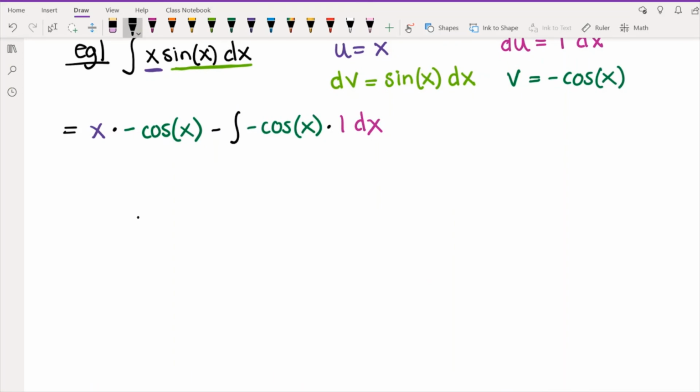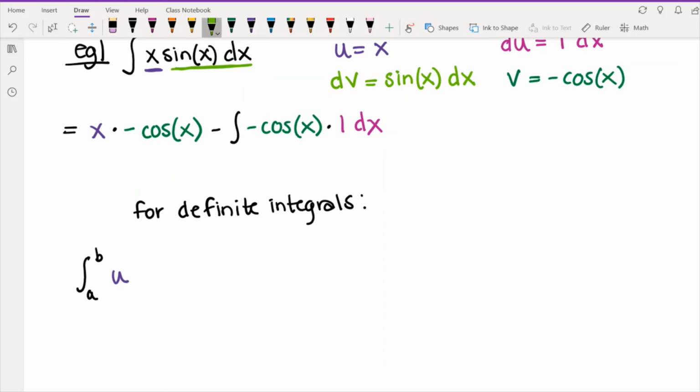So for definite integrals, if you're taking the integral from a to b of, again, u times dv, that's going to be equal to u times v.